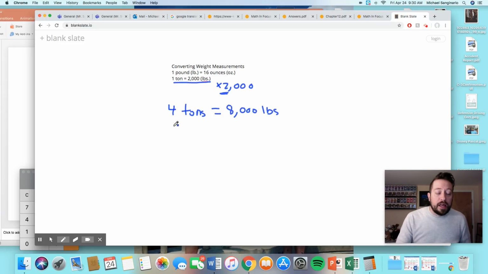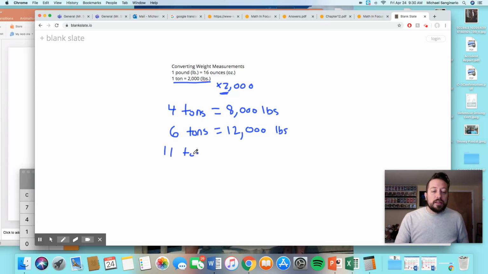If I had 6 tons, okay, all I need to do is 6 times 2. That will give me 12. And then follow with 3 zeros. 1, 2, 3, and LBS for pounds. Okay? We'll do one more example here.